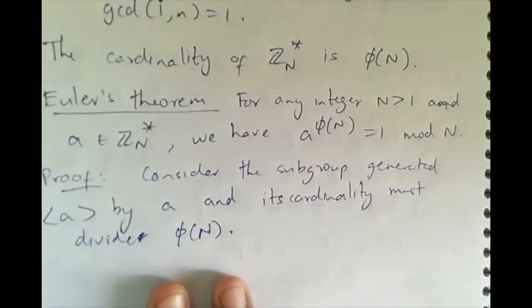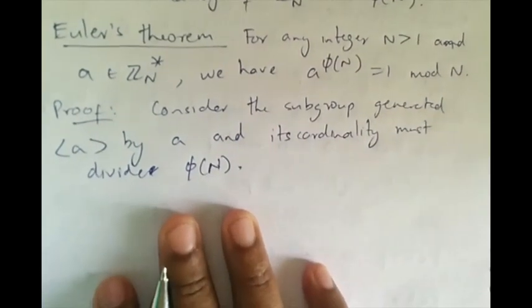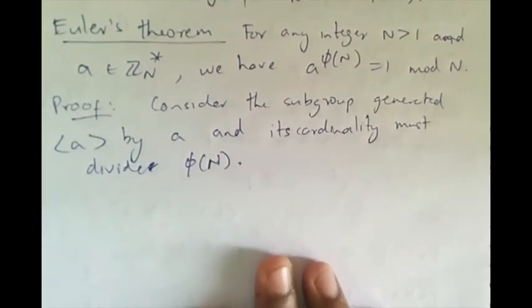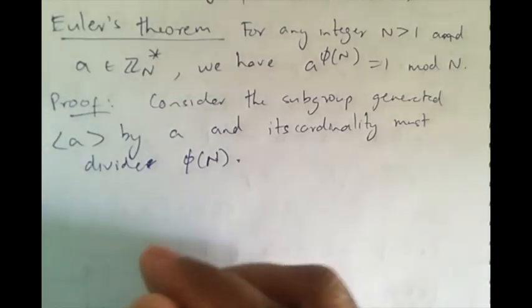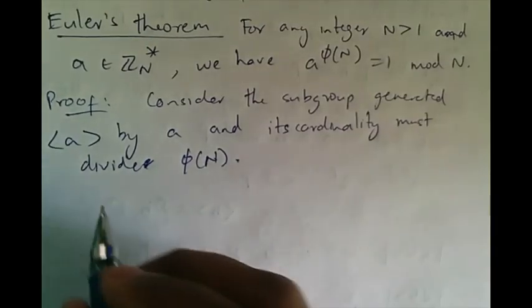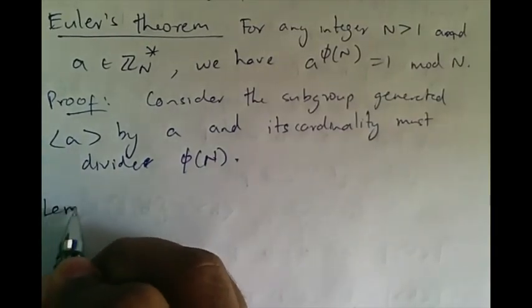Okay. So let's now calculate the value of this Euler phi function for integers of specific forms. So a lemma here.